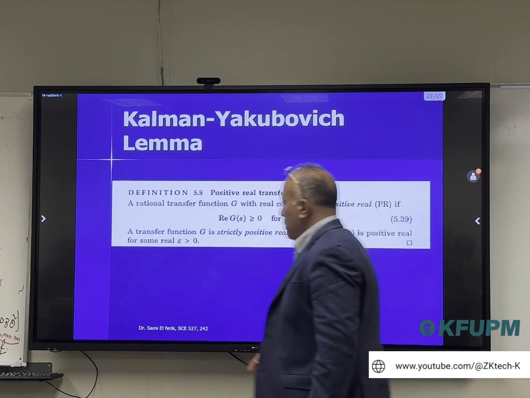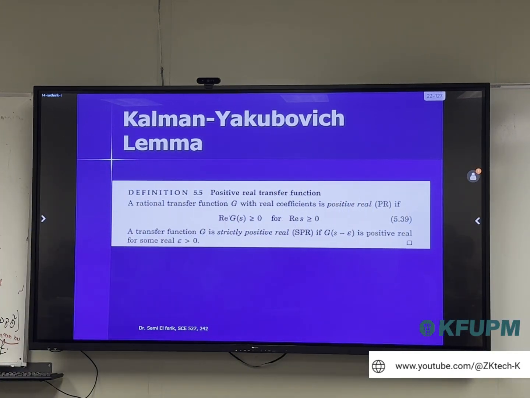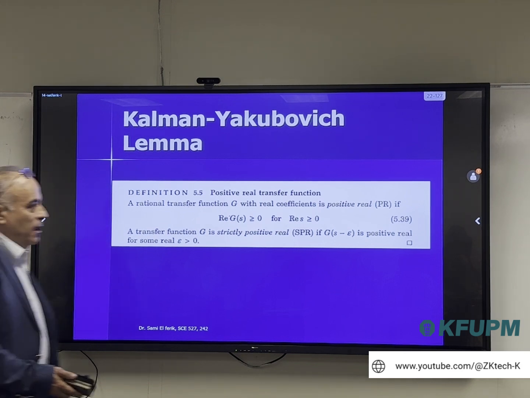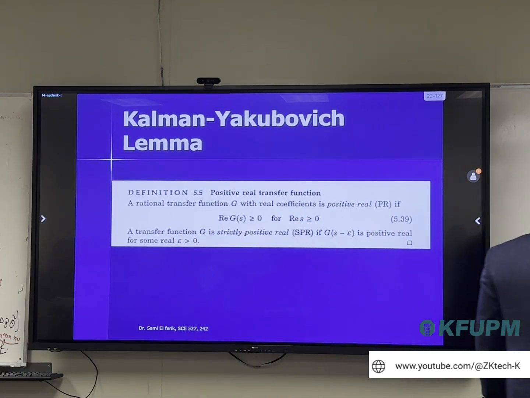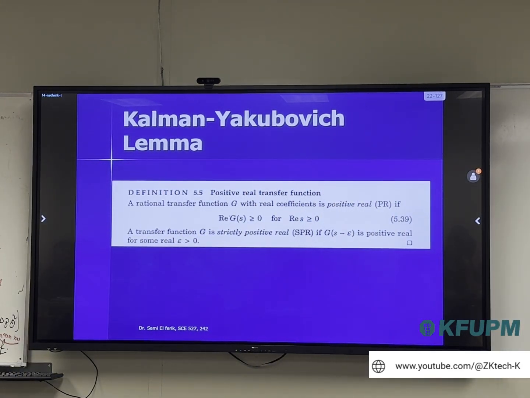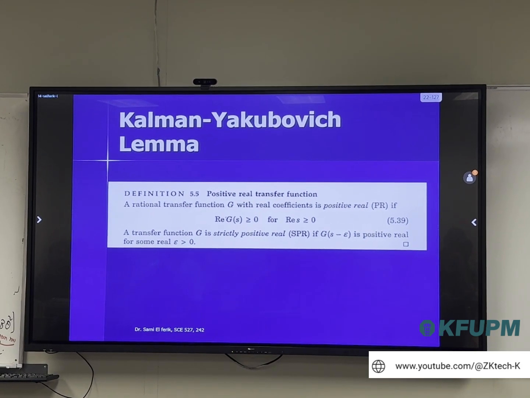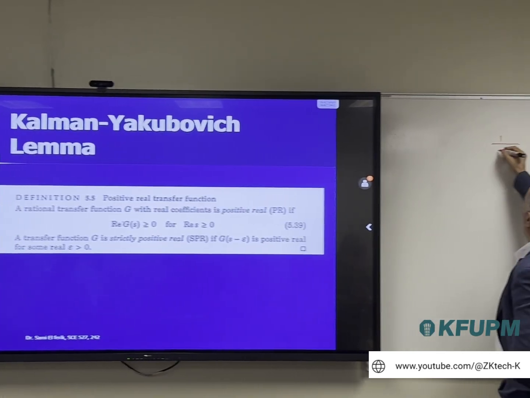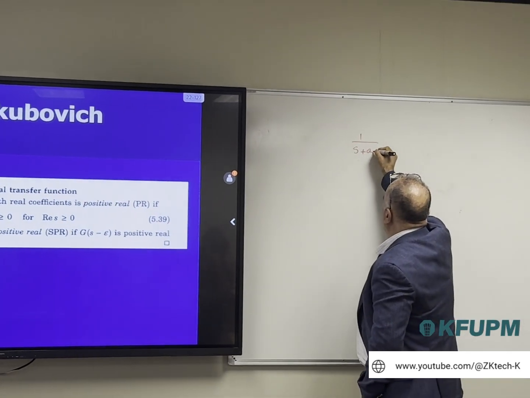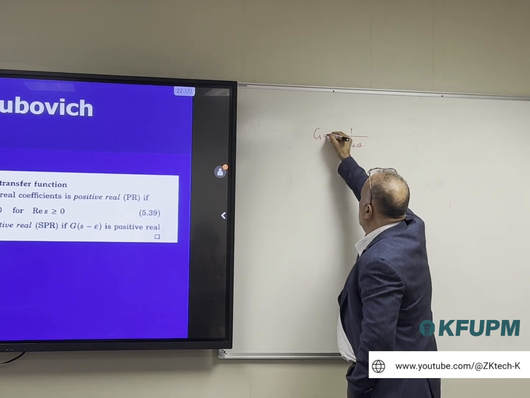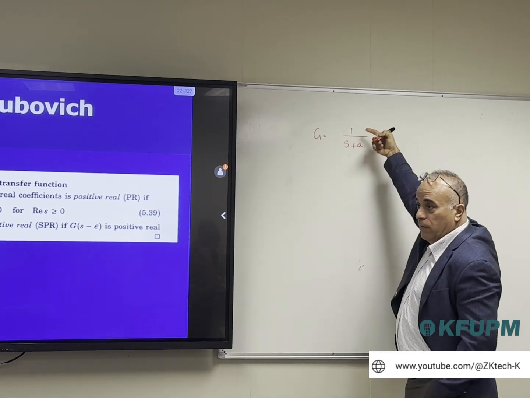So we go back, maybe you can take an example and see how it works. Last time I used with you a first order system with Lyapunov, and I did not even talk about positive realness, and we will find that they are exactly equivalent to the MIT rule. So if I take the transfer function 1 over s plus a, for example, this is my transfer function G. It's a rational transfer function, numerator, denominator.